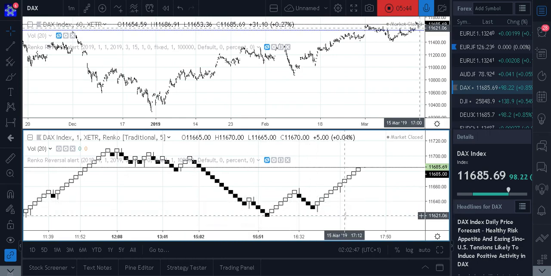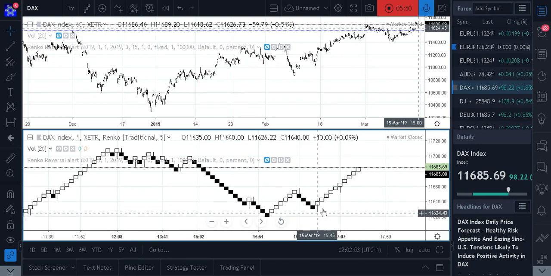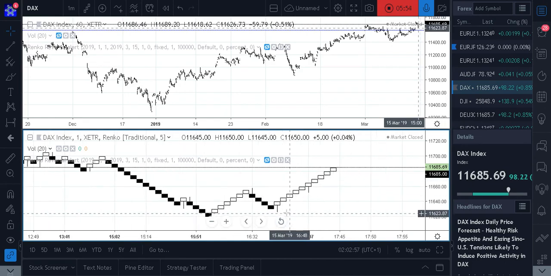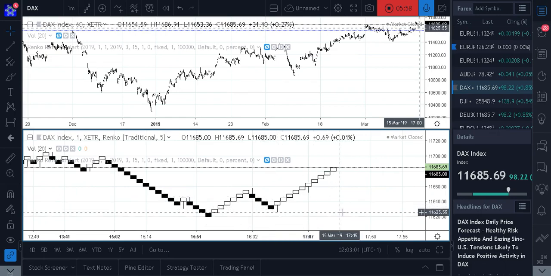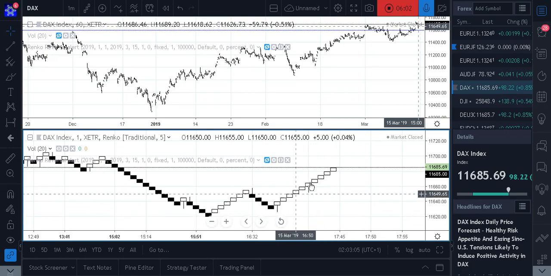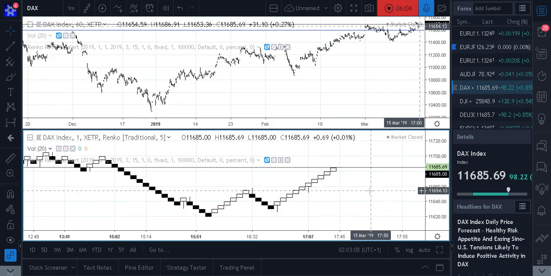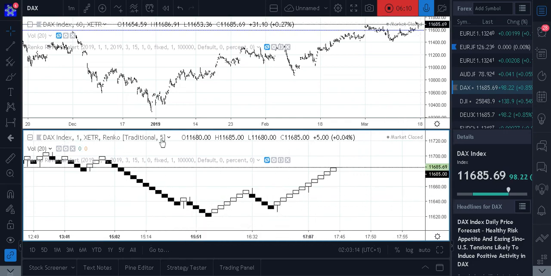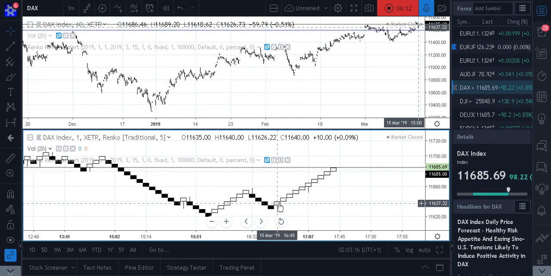For a Renko chart, the only thing that determines how the chart looks is price action. This means that a new brick is only formed when the price has moved a set value. In this case, I have set the size of these bricks to 5, as indicated right here.